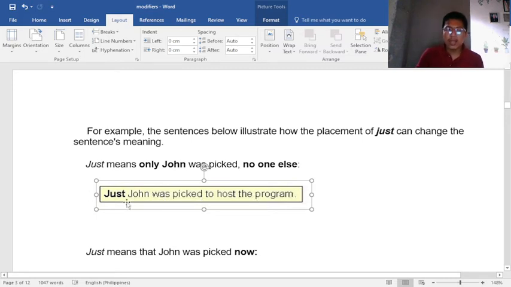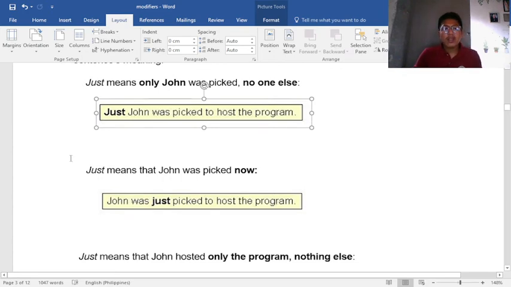So in this statement, it is clearly stated that only John was being picked or chosen to host the program. So just here is the adverb that modifies John.